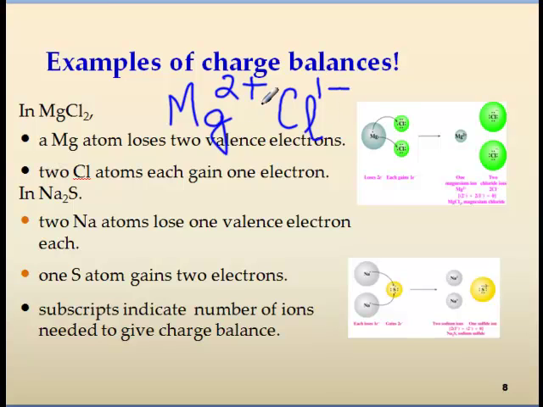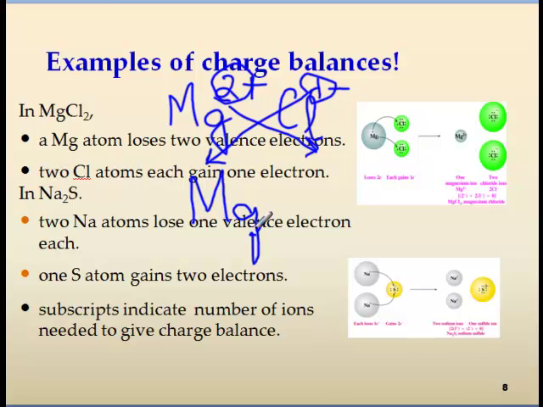So in order to have a neutral molecule between these two, let me show you what I'm trying to do here. You will have 1 magnesium atom to 2 chlorine atoms.